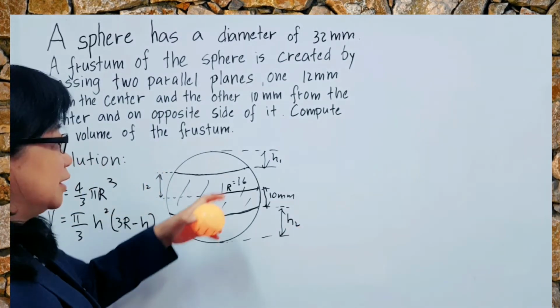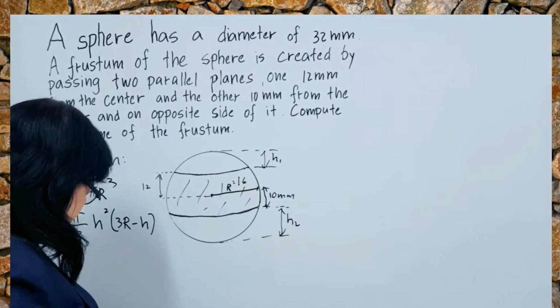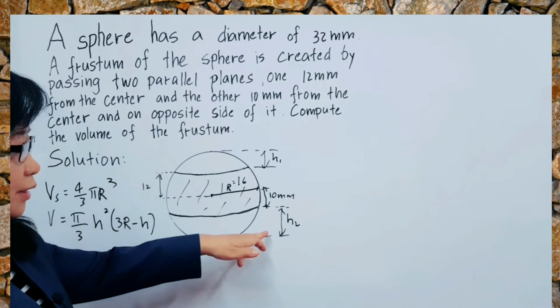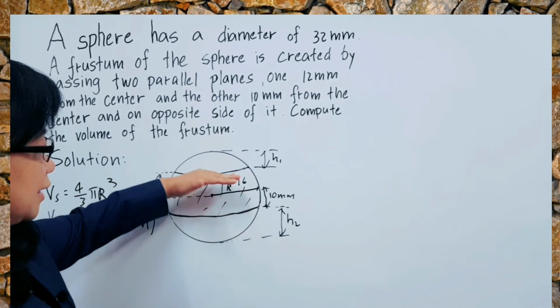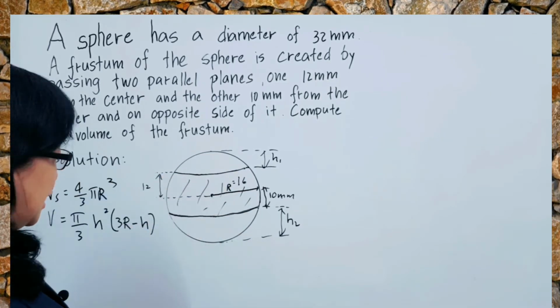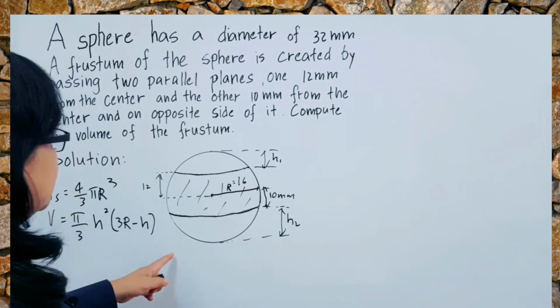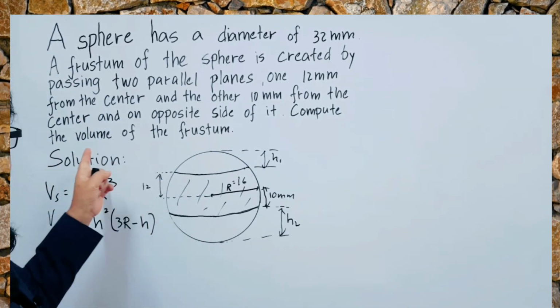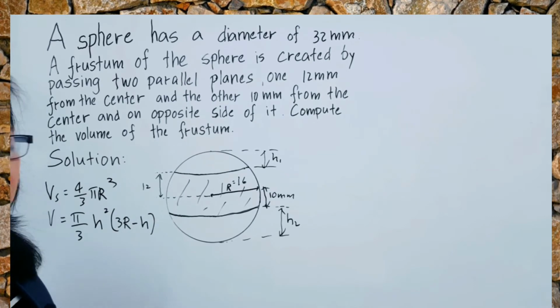We designate this one as H1, and the other one is H2, the second plane, and this is the first plane cutting. Now, to solve this one, we have to compute the volume of a frustum.